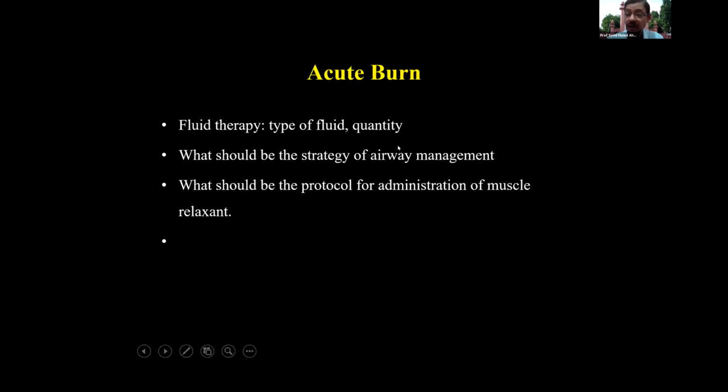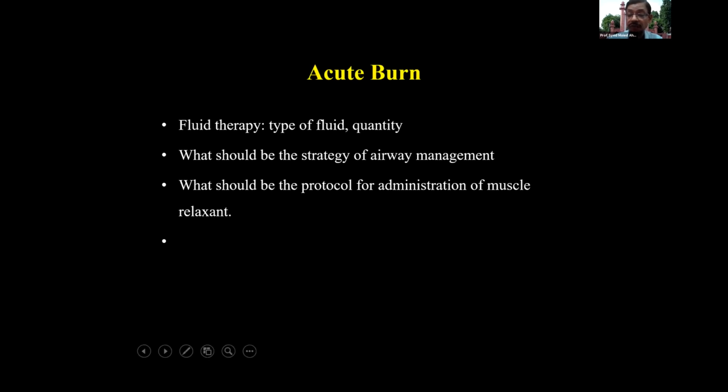So you always anticipate that these patients can have laryngeal edema subsequent to fluid resuscitation within a period of 6 to 8 hours. So you preempt that the patient can have a difficult airway in the acute situation also, and intubate this patient electively. So this could be a question asked to you.